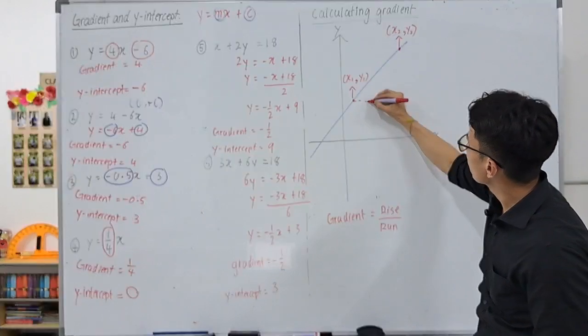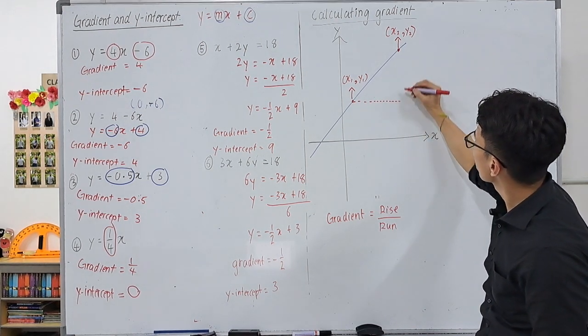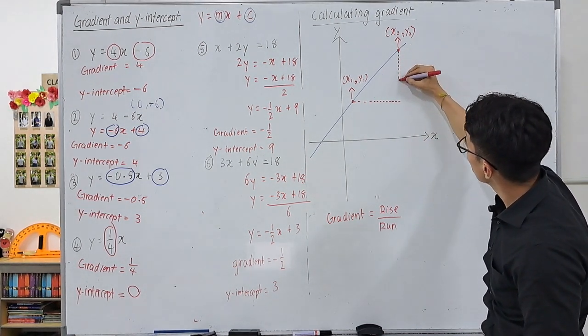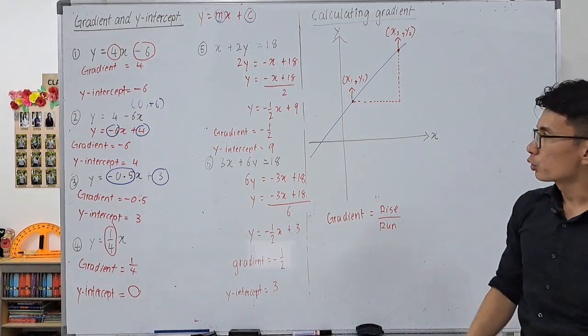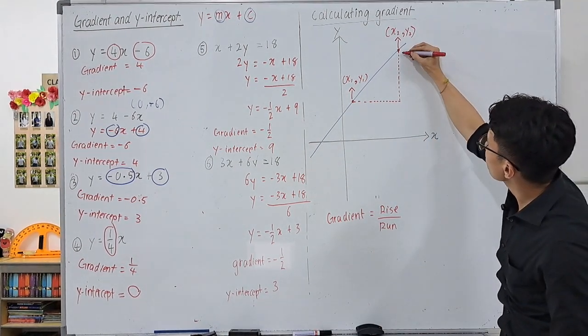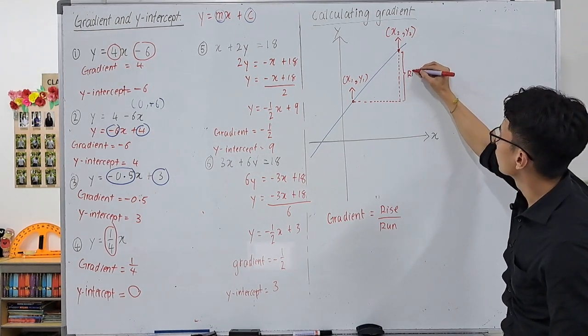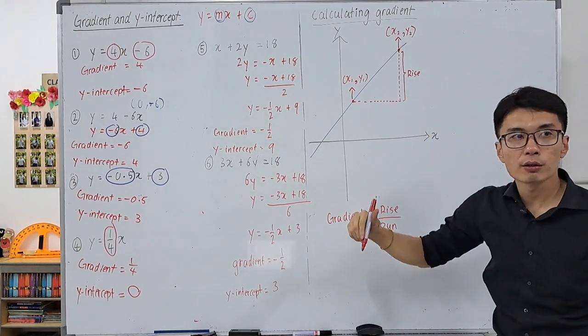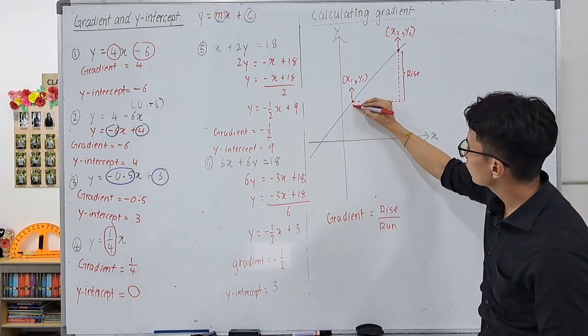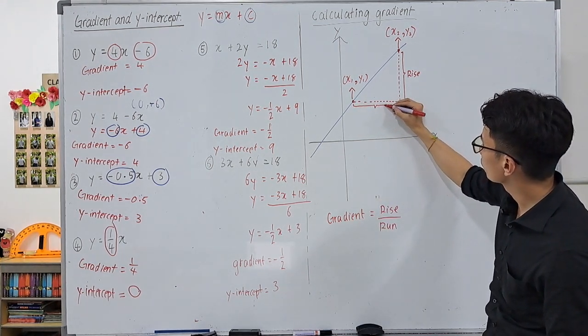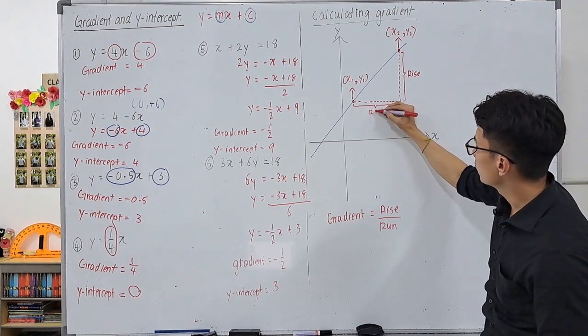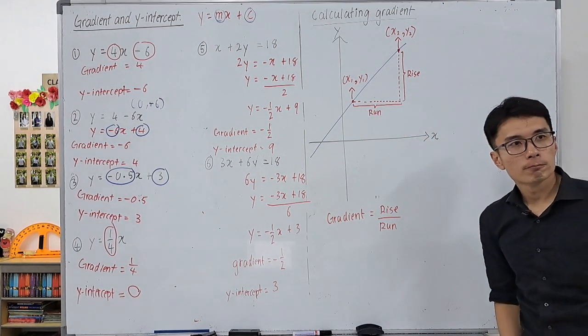If I draw this out, do you notice that I can get a triangle over here? In other words, this part over here is the rise. It is basically how tall the graph is. And this part over here is the run.